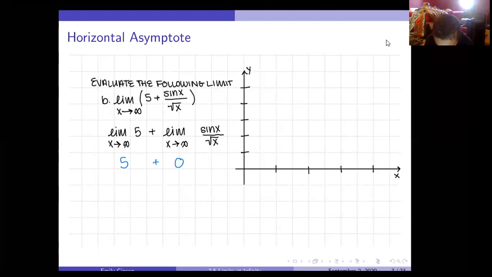We're going to have a horizontal asymptote at 5 because we've got something left over. So I'll draw in my horizontal asymptote right here. But my function is sine of x divided by root x. And as x grows, my denominator is going to get larger, so my function gets smaller. So it's going to look something like this.